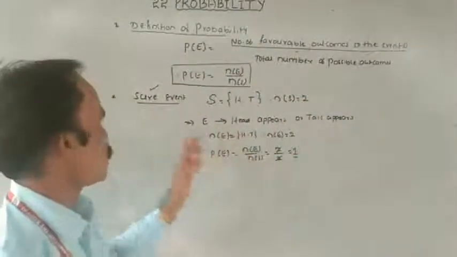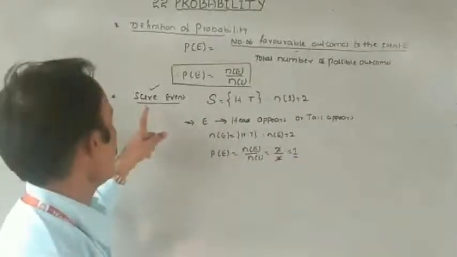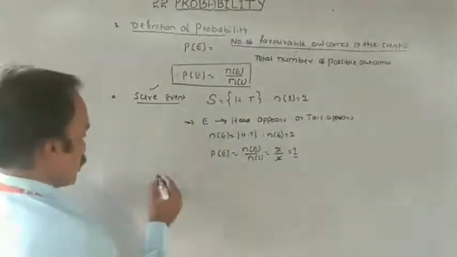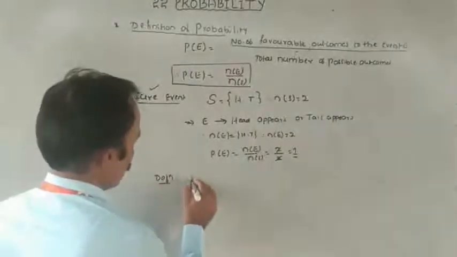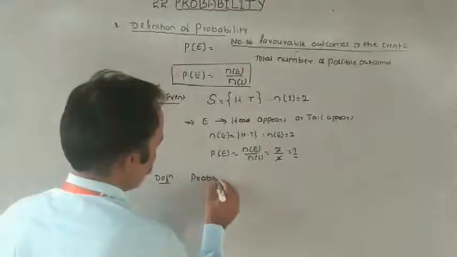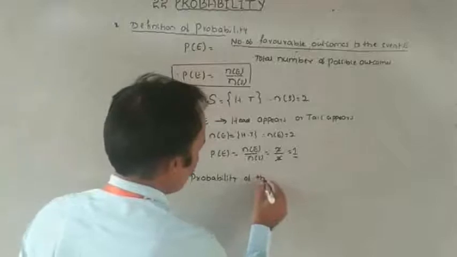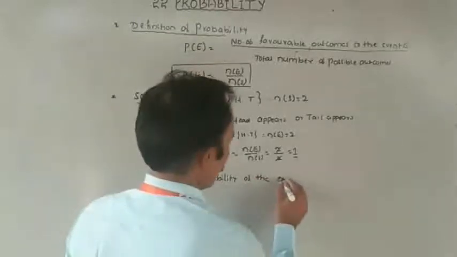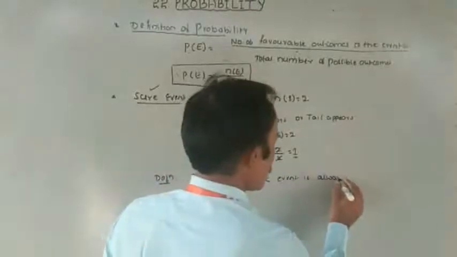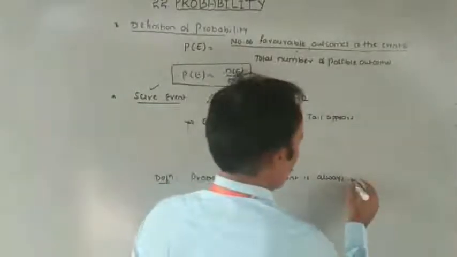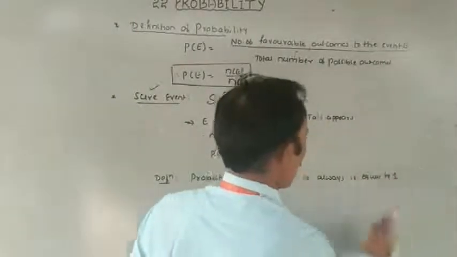Then we can say in this also, if the probability of an event is always equal to 1, then it is called a sure event. What is the definition of this one? Probability of the event is always equal to 1.